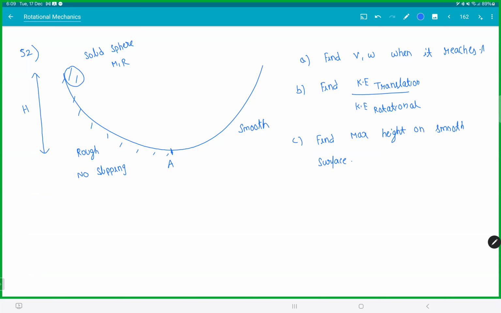Okay, that is right, Puroja. Get the next one. I'm more interested in the third one, the maximum height on the smooth side. If I ask you, that would be the actual question.